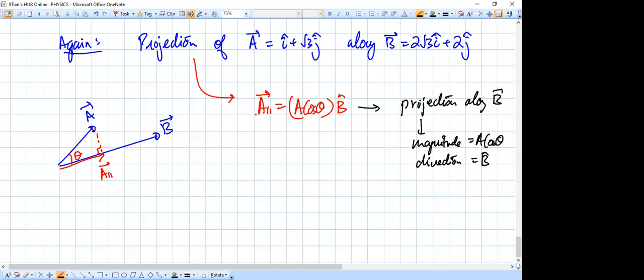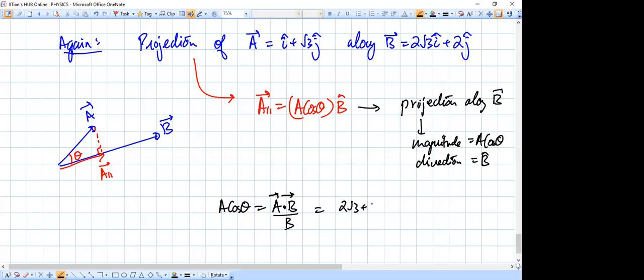Okay. So now to calculate this, I need to calculate this thing separately, how much is A cos theta, and I need to calculate B cap, how much it is. Okay. So here A cos theta is very simple. A cos theta is nothing but A dot B divided by magnitude of B. So again, given these two vectors, we can see that dot product is how much?